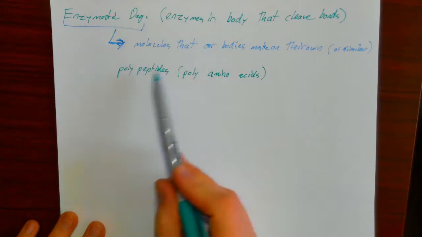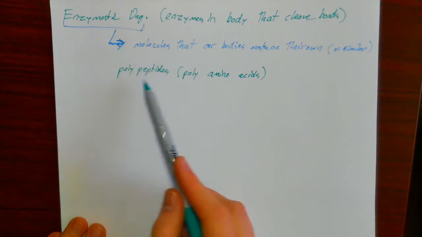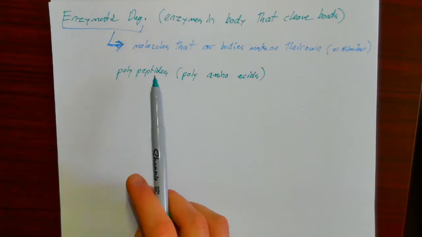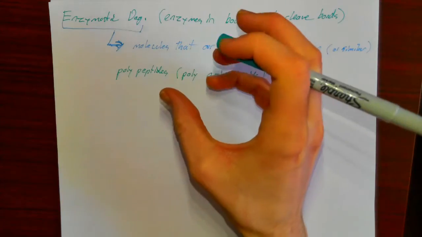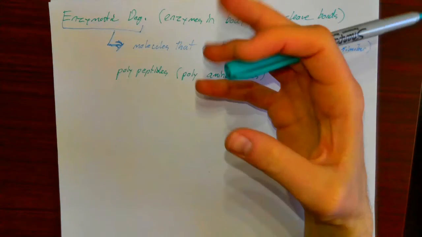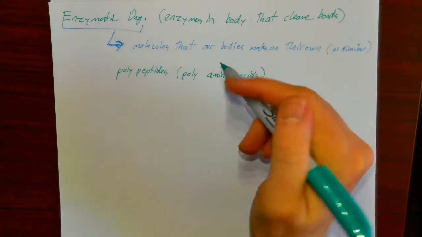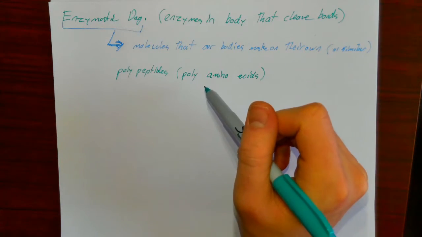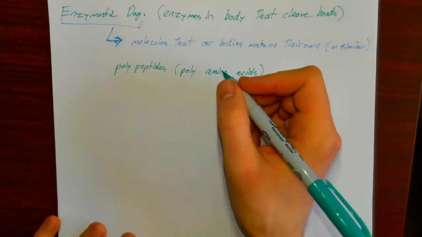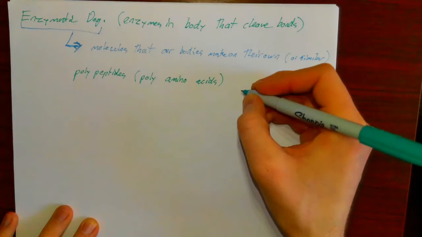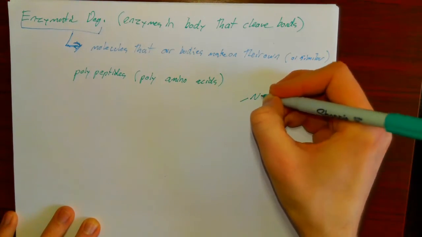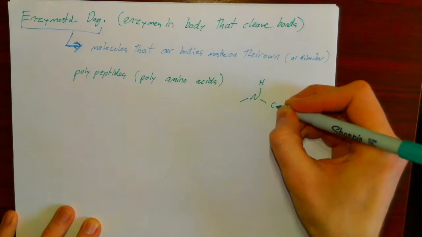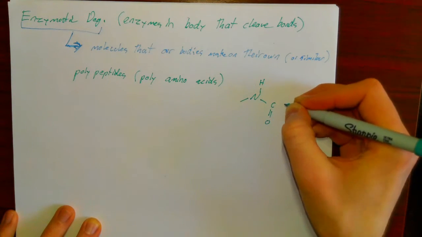Because we evolved to be able to eat food and break down proteins, if we want to use proteins as part of biomaterial implants or solutions, our body already has a lot of enzymes floating around that break down proteins. So these have chemical motifs that look like this, right? Here's the peptide bond, or the amide bond.